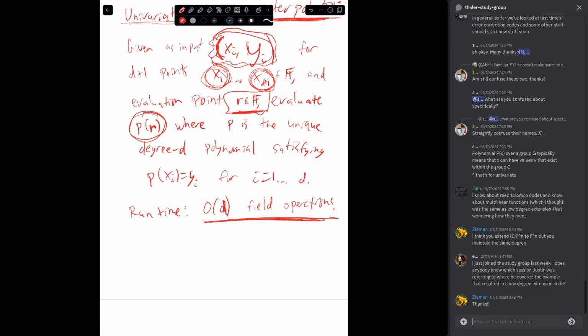Most people are probably more familiar with degree D polynomials being specified in the standard monomial basis, where I give you the coefficients C0 to CD, so that if I want to evaluate the polynomial at a given point, I raise the point to the ith power and multiply by the ith coefficient, and that's how I get the evaluations.